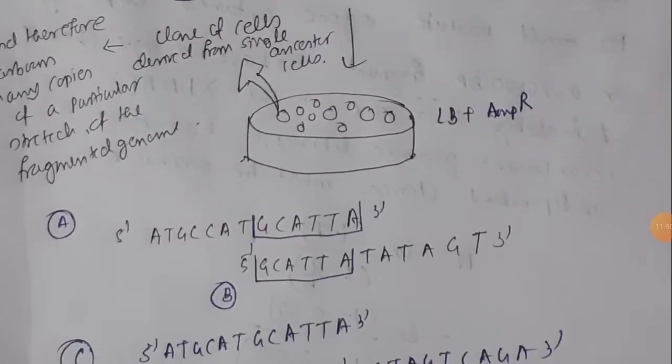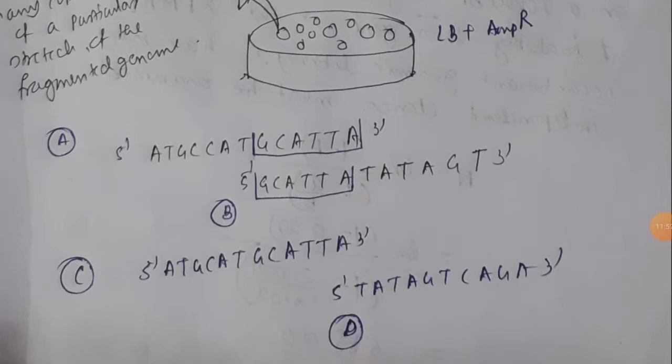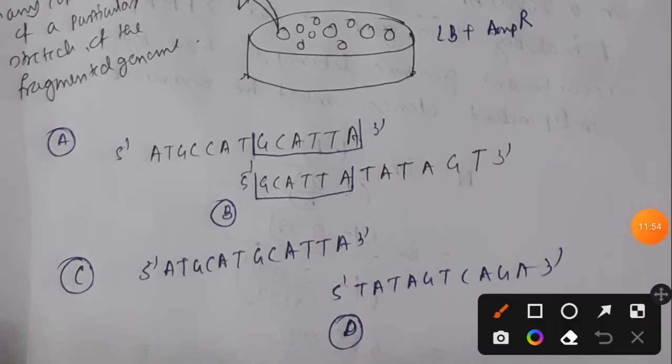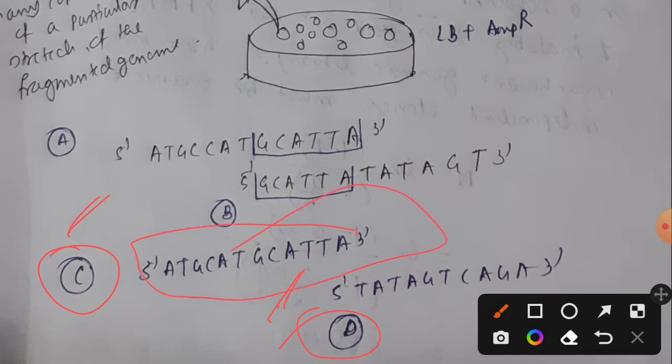But if you use a specific type of restriction endonuclease, then we will end up with something like what I have mentioned here, fragment C and fragment D. Is there any kind of overlapping region? No. So now you tell me, can you provide any logic with the help of which we can say that sequence D is just after sequence C?